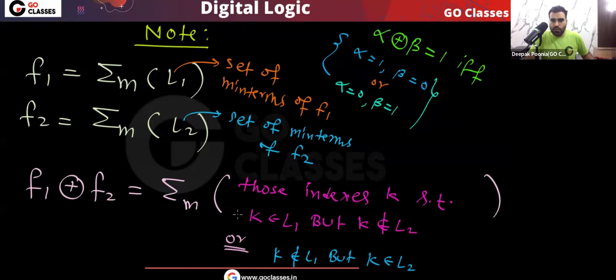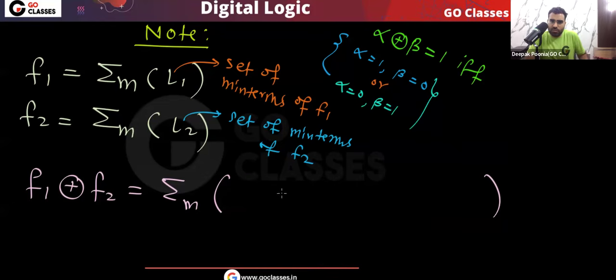Okay, yes or no? If you notice, this is the same as the symmetric difference of the sets. Means I need to take the symmetric difference of L1 comma L2. This is called symmetric difference, which we study in set theory.